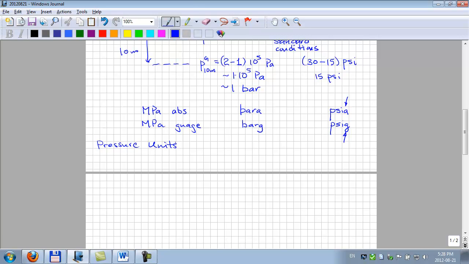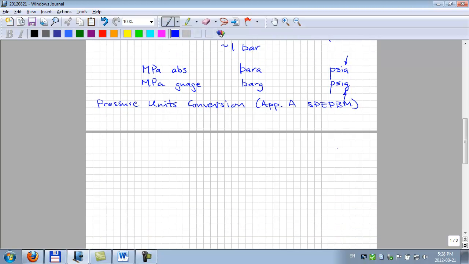Now, in Appendix A of this SPE Phase Behavior Monograph, the blue book, you'll find a complete set of units conversions. If you have an iPhone, you can fetch an app that gives you the unit conversions. But I'll give you the ones that you might want to keep in your mind.